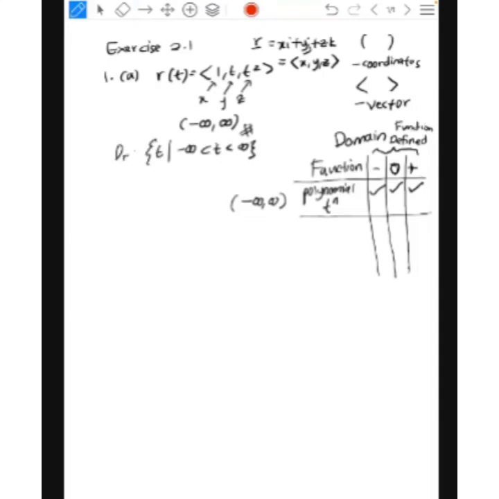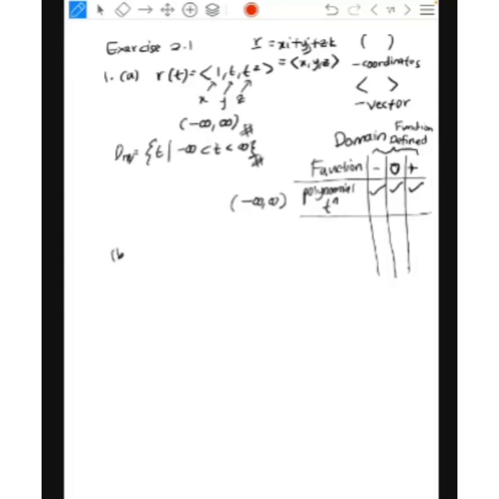So in terms of writing, you can write it either way. This one is easier because it is defined on every domain from negative infinity to infinity.